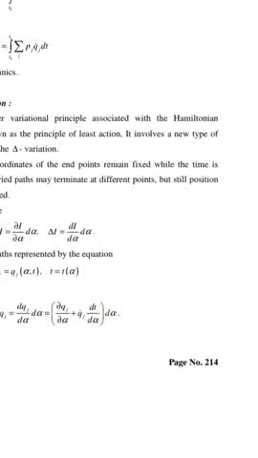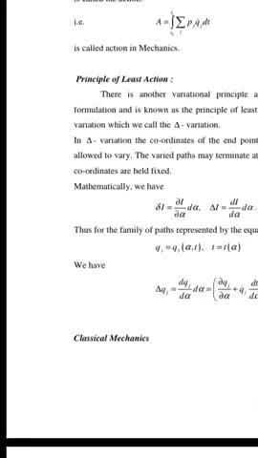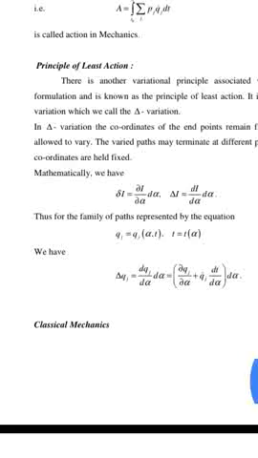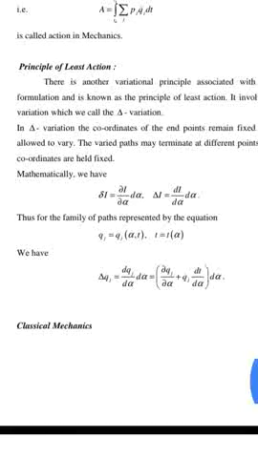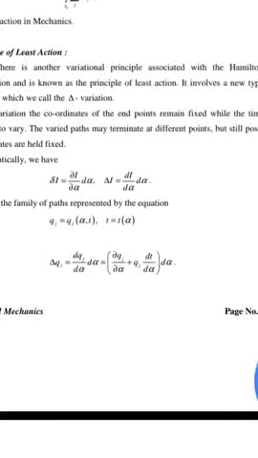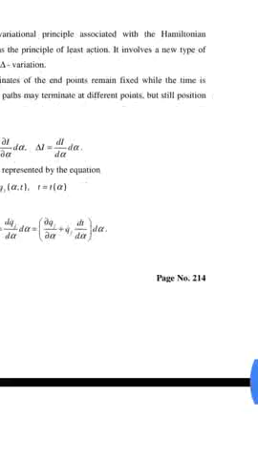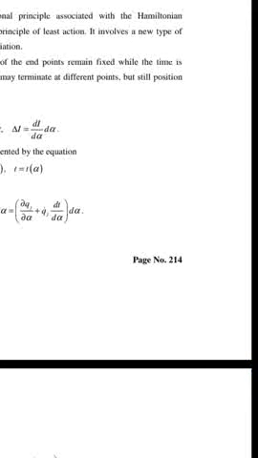It involves a new type of variation which we call the delta variation. In delta variation, the corresponding coordinates of the endpoints remain fixed while the time is allowed to vary.